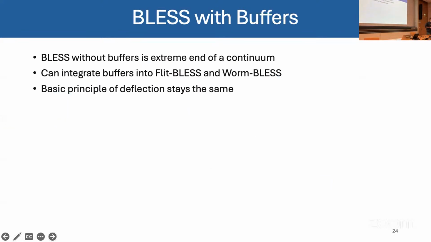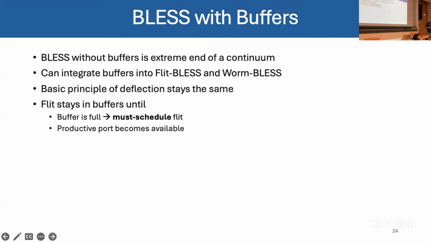Actually, you can even use that system with input buffers. So you can use that with worm BLAST and also with flit-level BLAST. But the basic principle of deflection still stays the same. We just put the flit into the input buffer when it arrives, and then it stays in that buffer until either the buffer is full, then we have to continue routing the flit, then we must schedule that flit, or if a productive port becomes available, then of course we also route that flit.